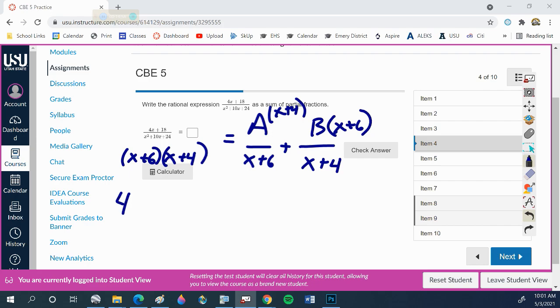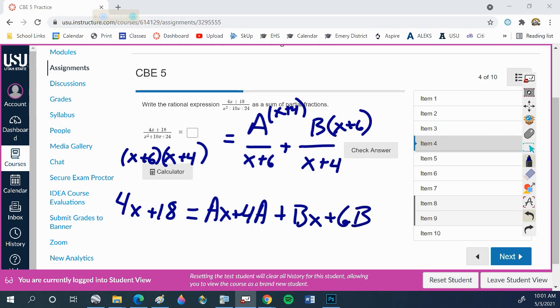So 4x plus 18, the numerator on the left, is equal to ax plus 4a plus bx plus 6b. Then I filter out all the x's, and I get 4 equals a plus b. And then I filter out all of the non-x's. 18 equals 4a plus 6b.